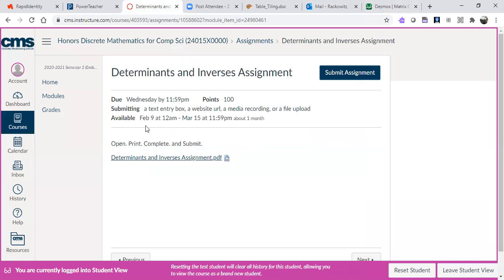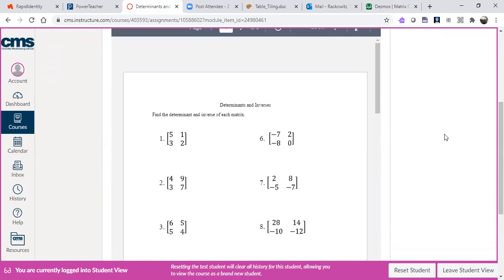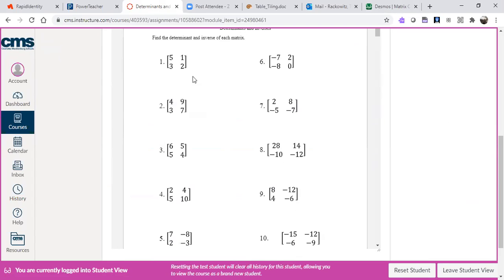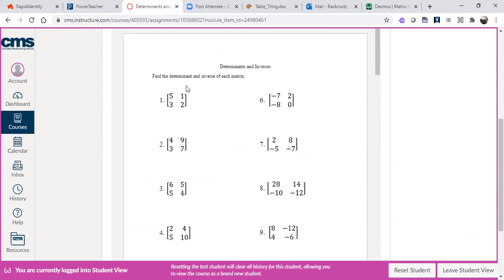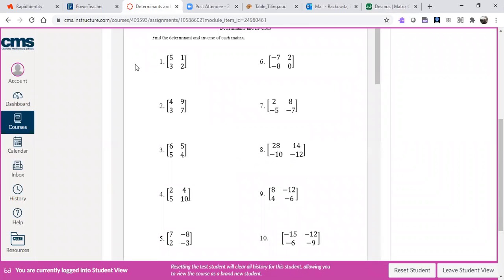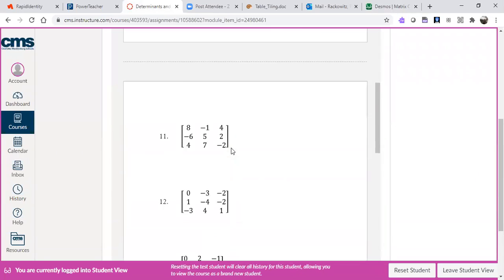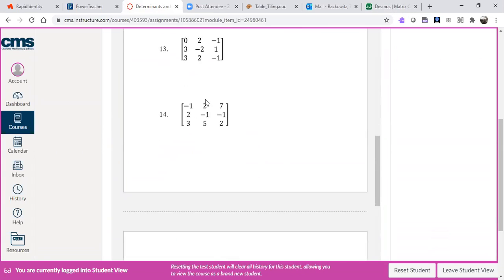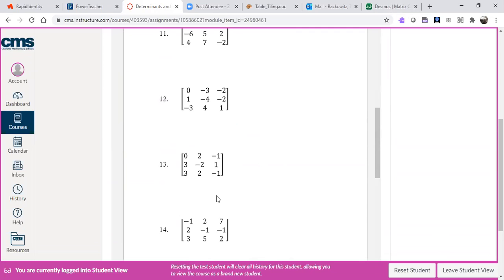All right, so back to here, your assignment has 2 by 2 matrices, find the determinant and the inverse of each. So write the determinant out to the side and then write the inverse as 1 over the determinant. And there are some 3 by 3s, same thing, just 4 of them.